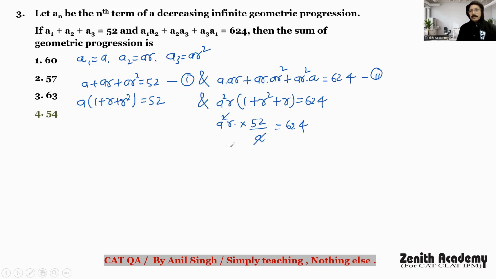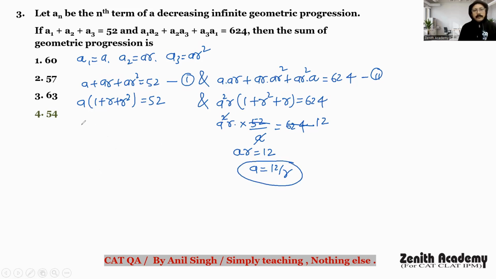This cancels, and 12 to the 24, 12, 5, so okay, this is equal to 12. So AR is equal to 12. We can write A as 12 upon R. A is equal to 12 on R.